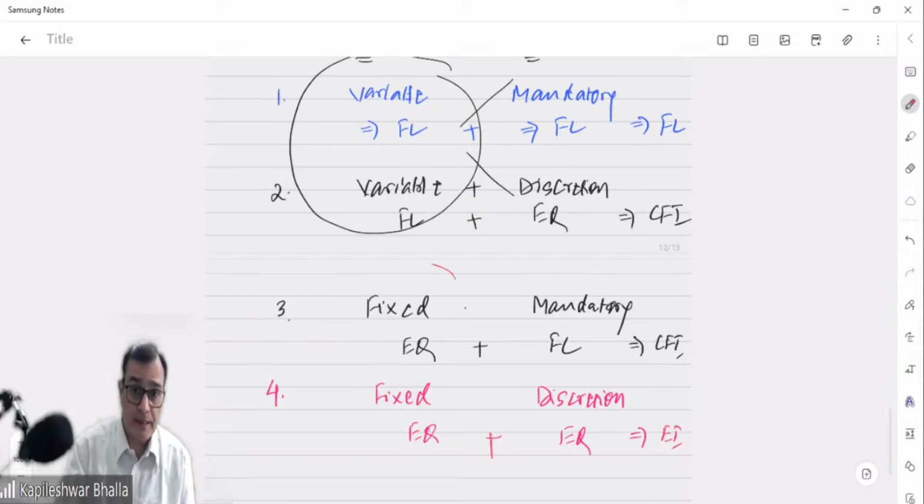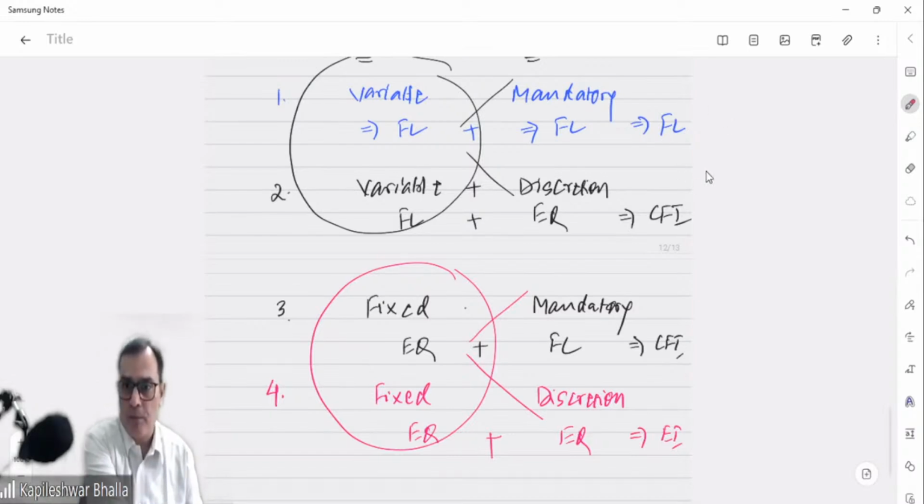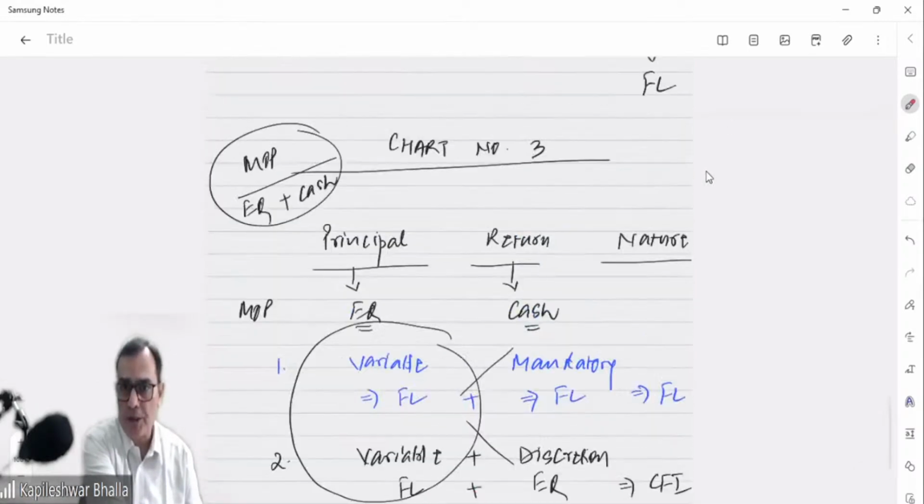You can see that again I've taken the combination fixed followed by mandatory and discretionary in nature. This gives us a little edge in terms of thought process, because we're able to look into various permutation combinations before we pick up questions. As I promised, I've given you a total of 3 charts already.